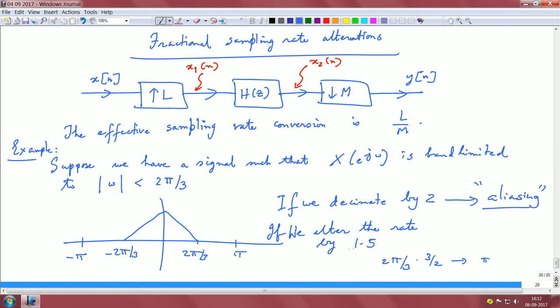So if we alter the rate by 1.5, there is no aliasing, critically. I am saying it is critical because you are touching these points plus minus π.